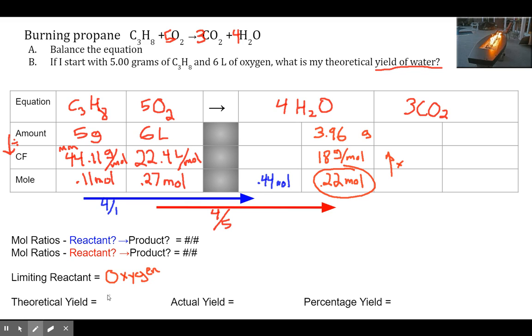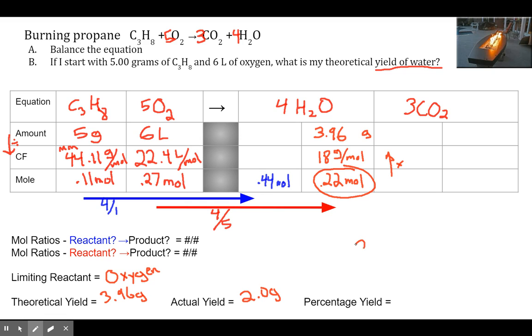So our theoretical yield of water down here is the 3.96 grams. Well, let's say that I only was able to collect 2 grams. So let's say that I only collected in my flask or whatever I was using 2.0 grams. We could then calculate our percentage yield. And remember, percentage yield is actual over theoretical.